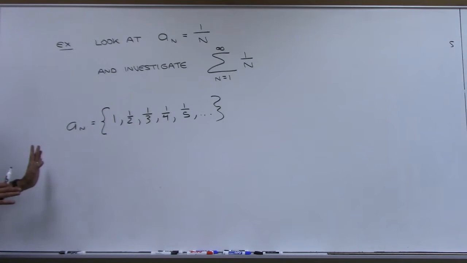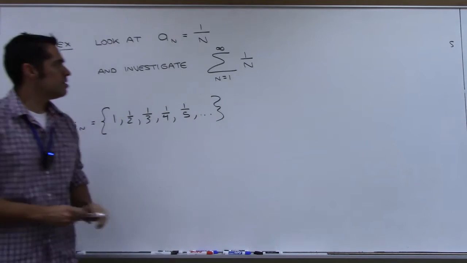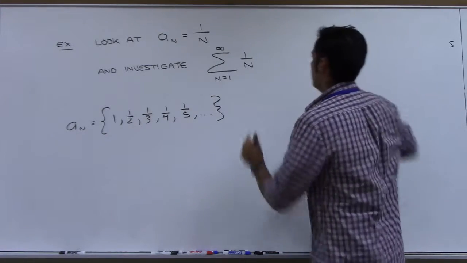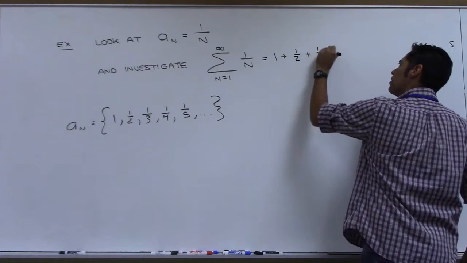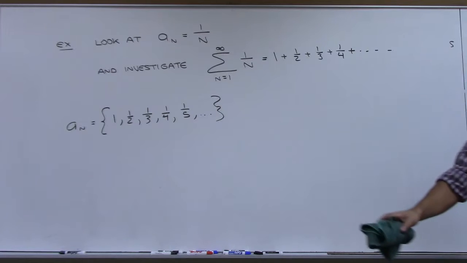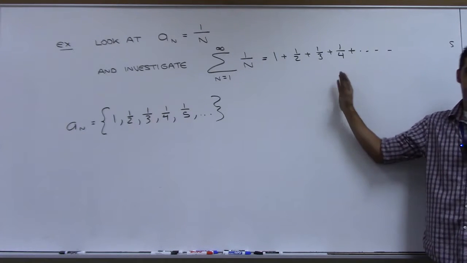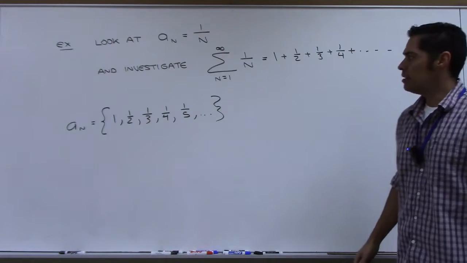We know that much. But I want to talk about the series. The series looks like this. It's 1 plus 1/2 plus 1/3 plus 1/4 forever, isn't it? Does that converge? No? You don't think so? Yes? The sequence converges.